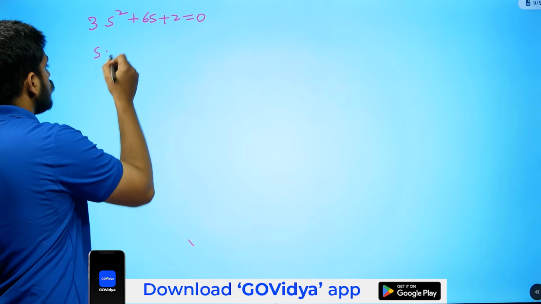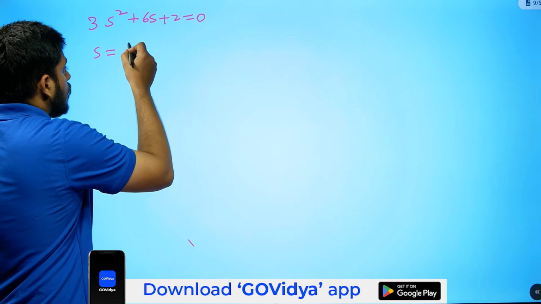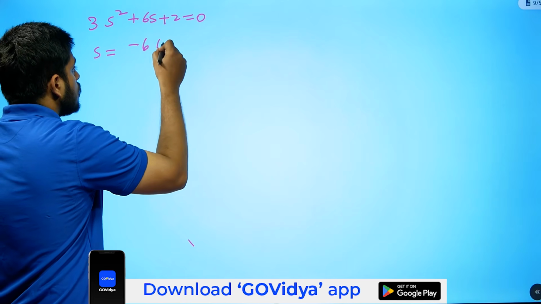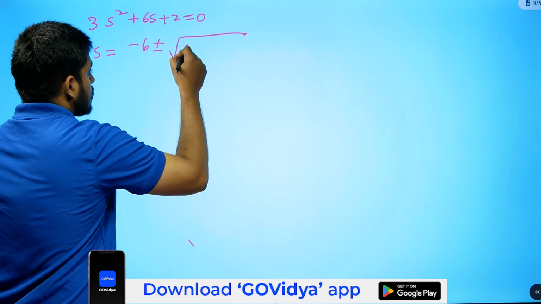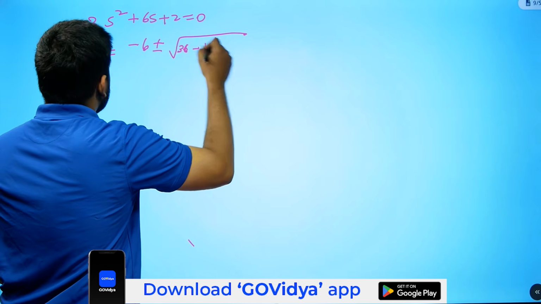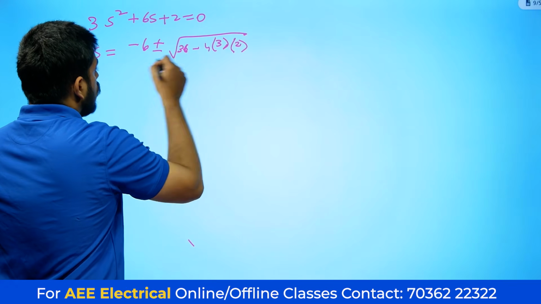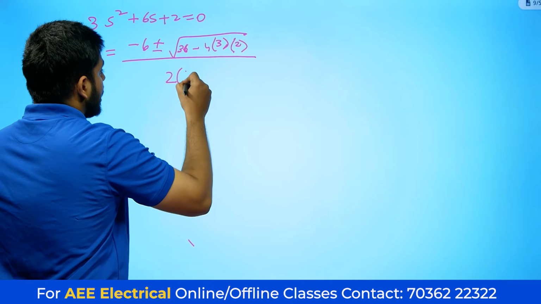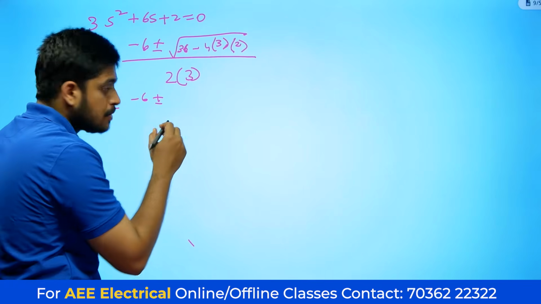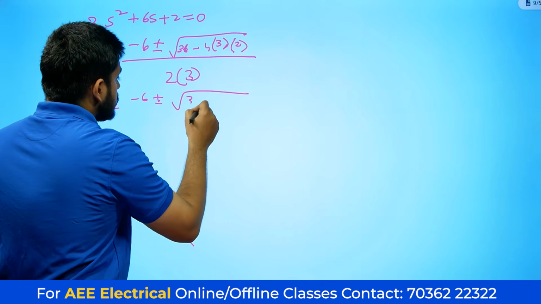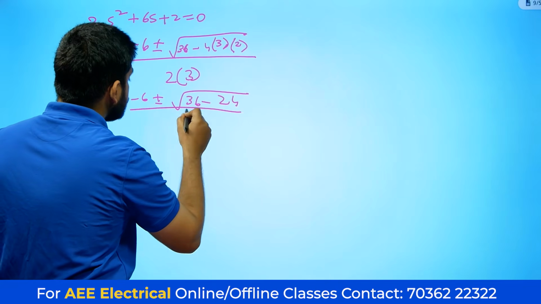Let us solve this through the normal algebraic equation method. So what is the formula? Minus b plus or minus root of b square, which is 6 square, 36, minus 4 into a, which is 3, into c, which is 2, whole divided by 2 into a, which is 3. So here I am going to get minus 6 plus or minus root of 36 minus 4 times 3 times 2, which is 24, by 6.